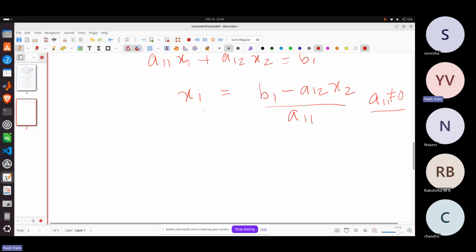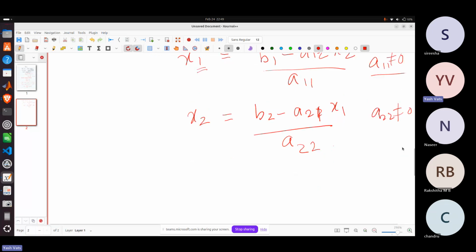Similarly, you can find your x2, which is (b2 - a21 x1) / a22, and this a22 is non-zero.